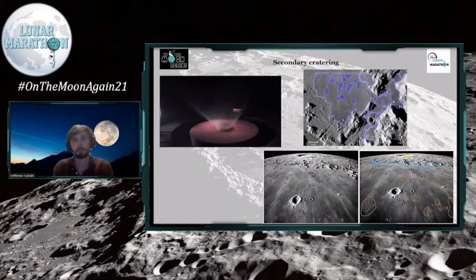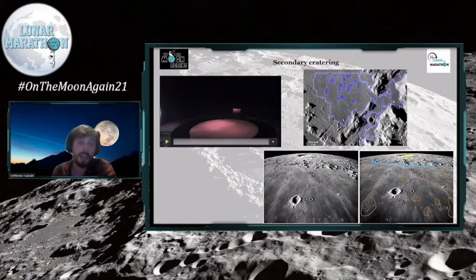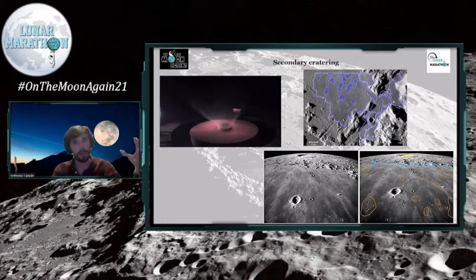It's just a model. And there is also an important thing to consider when you use this technique: the secondary craters. These kinds of craters are not formed directly from an asteroid impact. Actually, what happens when you hit the surface at 10 or 20 kilometers per second is that the energy involved in the impact is so high that a large portion of the impacted material is excavated and spread all around the crater, forming what we call an ejecta curtain.